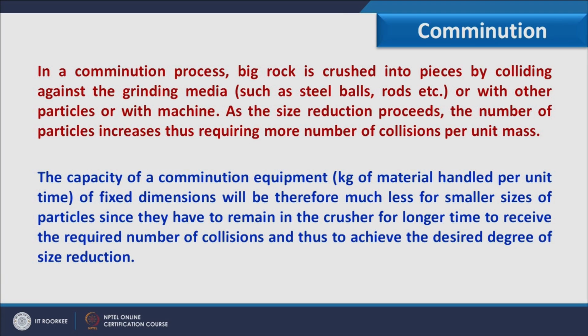So, the capacity of comminution equipment, which we have defined as kg of material handled per unit time, that we have defined as the capacity. So, the capacity of comminution equipment of fixed dimension will be much less for smaller sizes of particles, since they have to remain in the crusher for a longer time to receive the required number of collisions and thus to achieve the desired degree of size reduction.